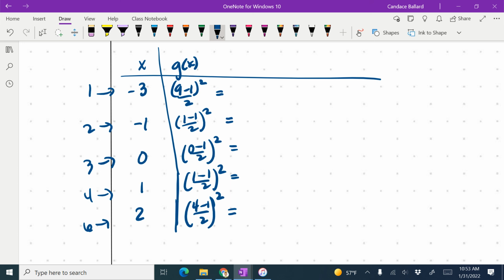Give you about 20 seconds. Okay, check with your table. See if you all got the same number for your row.